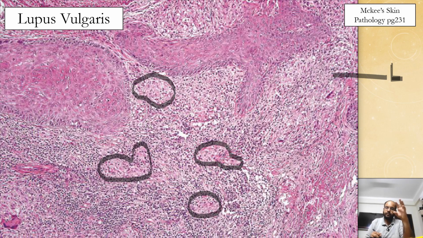Okay, the background lymphocytes are blue. They're more basophilic, while histiocytes are more eosinophilic. They are more pinkish. So you can see these discrete collections. Okay, here is one. So these are all collections of histiocytes in lupus vulgaris with a background of lymphocytes.